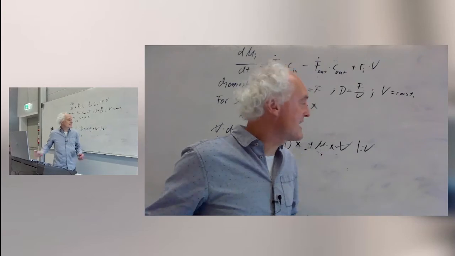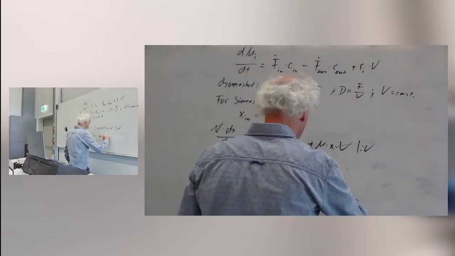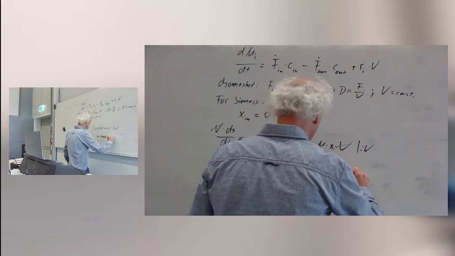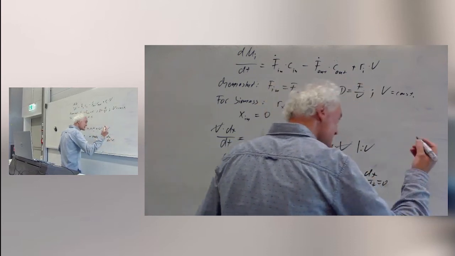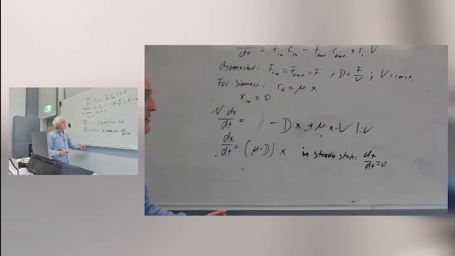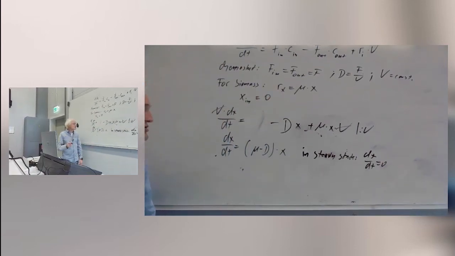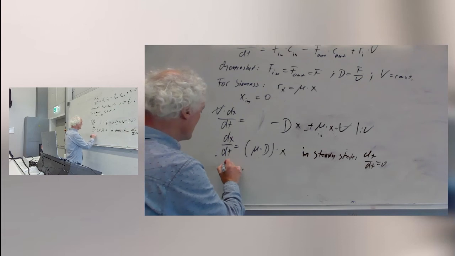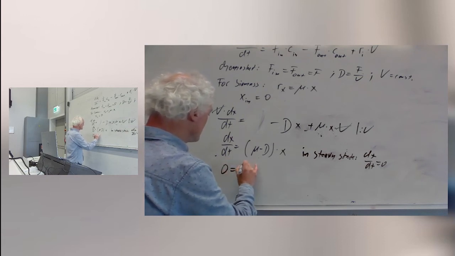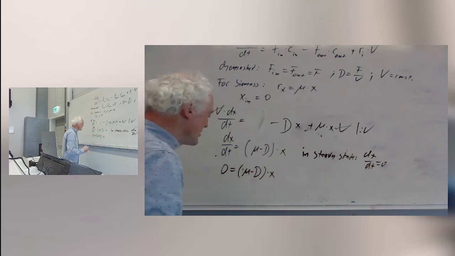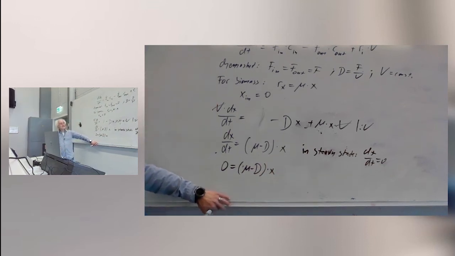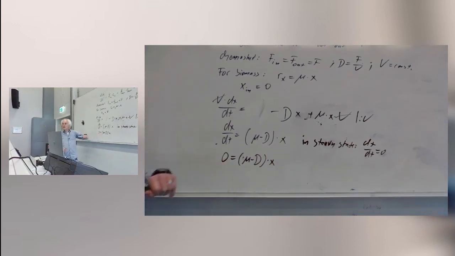Now, if I say in steady state dx dt is constant, or it's 0, so my biomass concentration doesn't change, then I have 0 equal to mu minus d times x. And when does this term become 0?